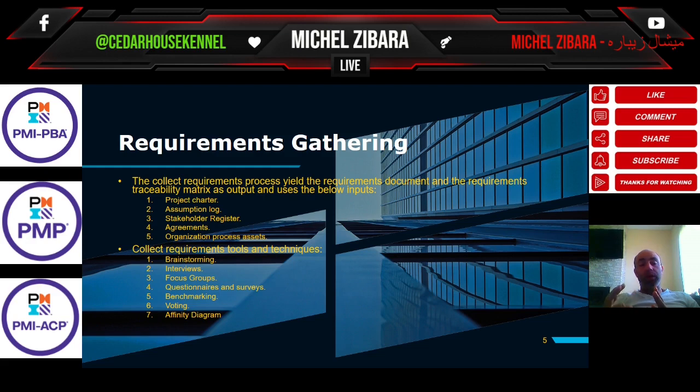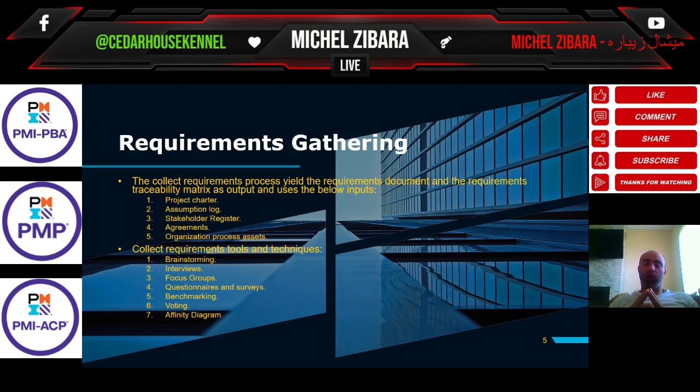The project charter uses all of the business case components to detail more the need for the project manager and the project. So definitely, to achieve the requirements document, you need to use the project charter.